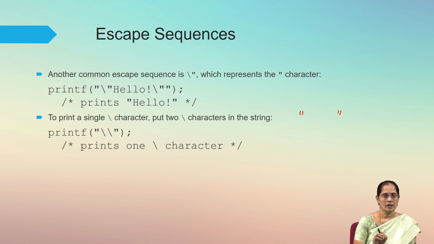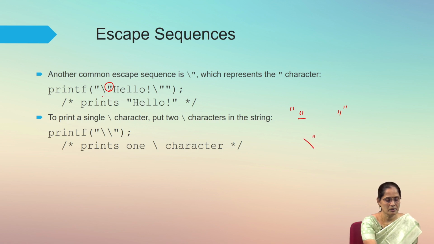So, the symbol double quotes have to be mentioned along with the backslash character, because if I am just using double quotes like this, the compiler will not be able to differentiate that we want to display the double quote. So, we have to mention the character as backslash double quote wherever we want the output to be displayed as double quote.